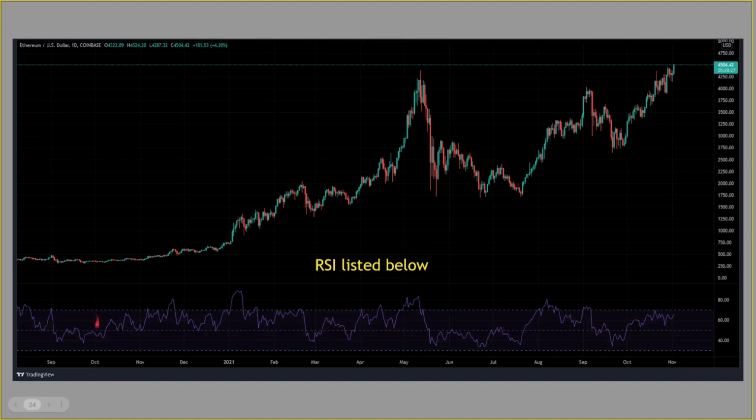Even just looking at the regular RSI, we do see this trend from the end of September going into December. A general upward movement in the RSI. That also correlates with the general price increase observed in Ethereum from about $400, $500 per Ethereum to reaching a little under 1,000, maybe 750, 800.